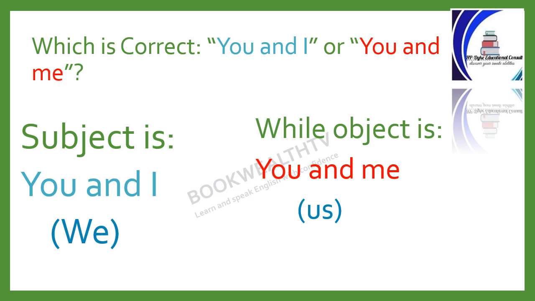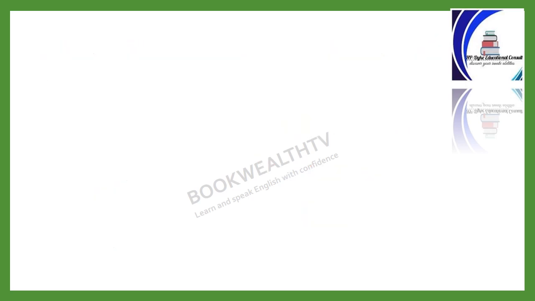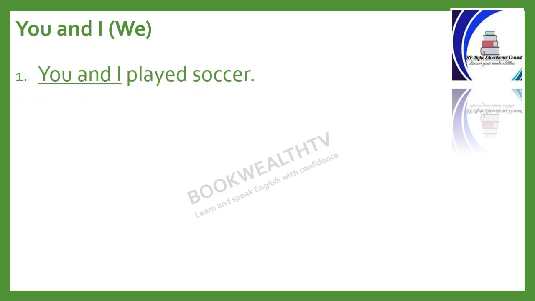What this implies is that you and I as subject is used before the verb in a sentence, while you and me as object comes after the verb. Let's see some sentences in the next slide. You and I, we. You and I played soccer.